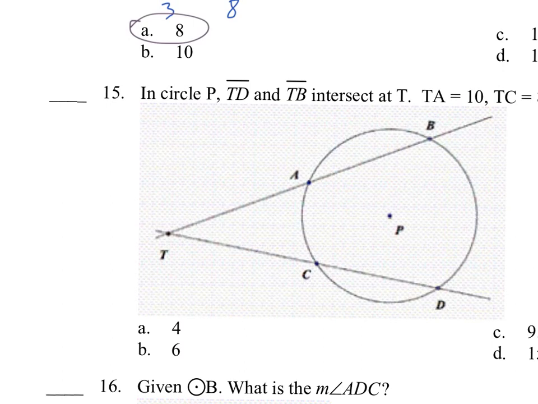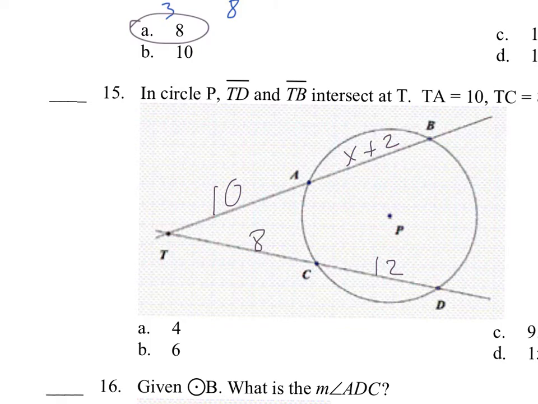Okay, here it says, and I'll just leave it blown up like this, that TA is 10, CD is 12, AB is x plus 2, find AB. Oh, I'm sorry, TC is 8.